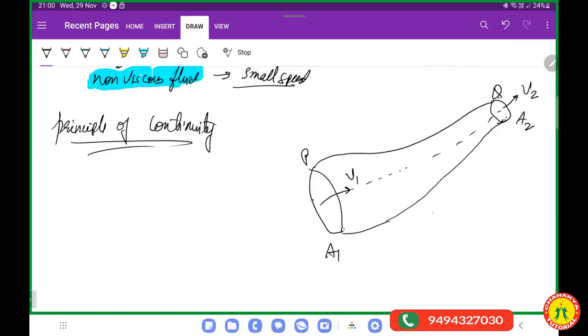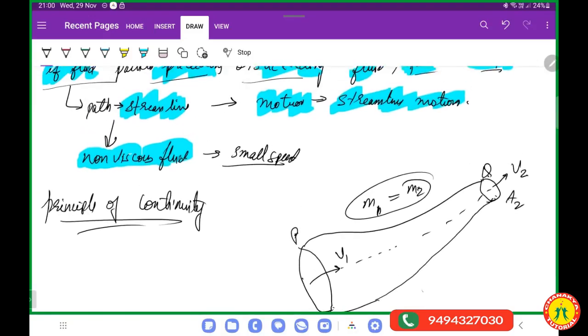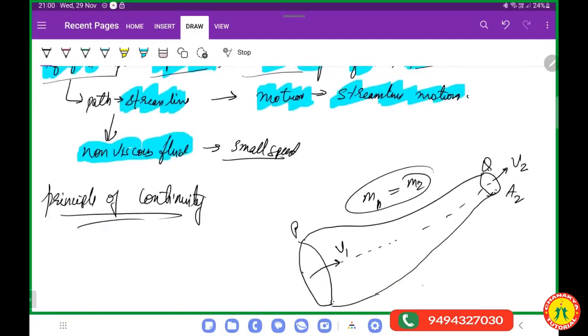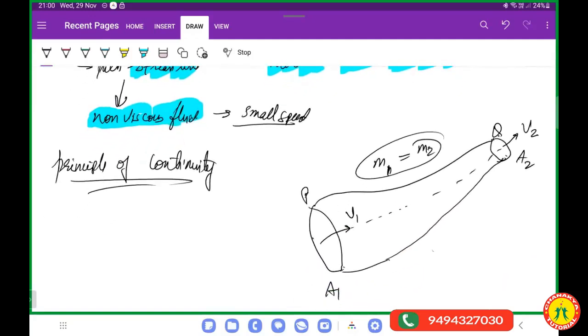Now, whatever is intake and whatever is exhausted, their mass will be equal. So M1 should be equal to M2. This is what we're considering. As we said before, it is non-viscous, incompressible, flowing in streamlined flow.